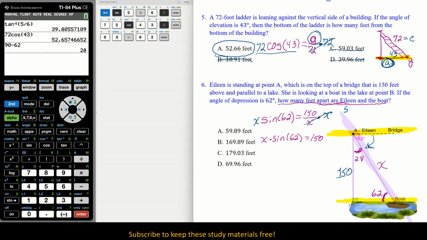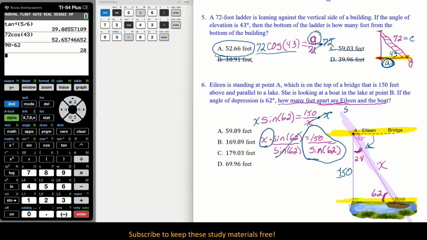Now you see we have to divide both sides by sine of 62. So we cancel this and we end up with x equals all of this.